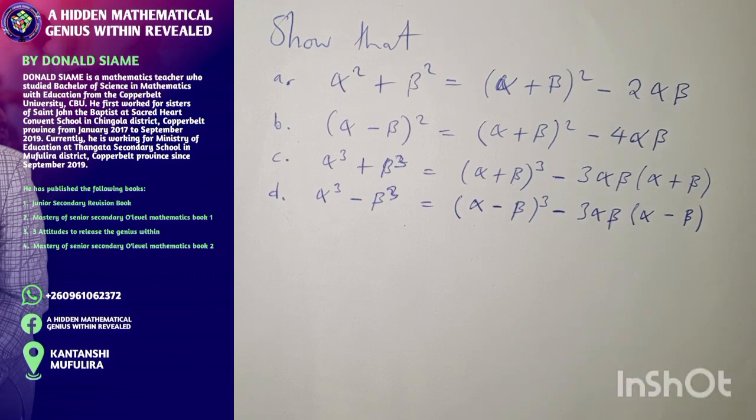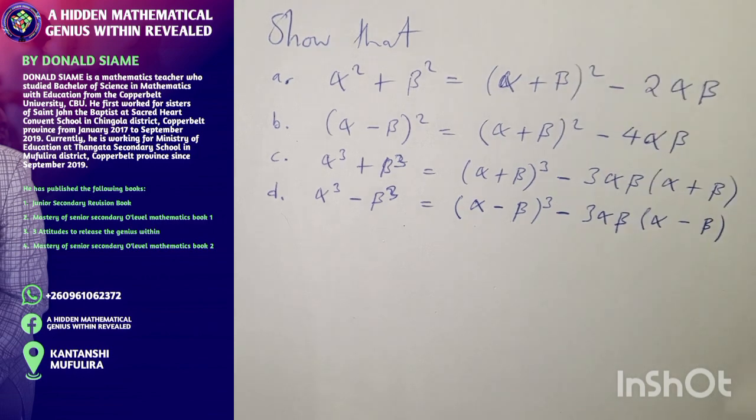Okay, so for now I want us to prove the first two. Let's start with the first one. We have alpha squared plus beta squared is equal to the square of alpha plus beta minus 2 alpha beta.